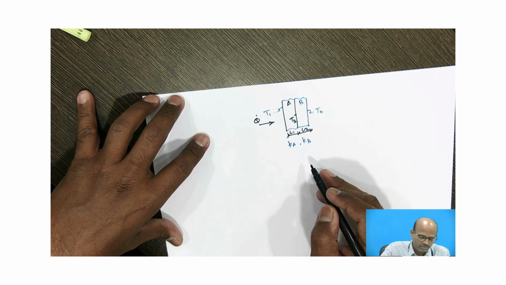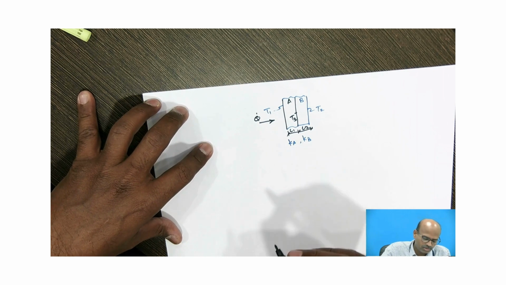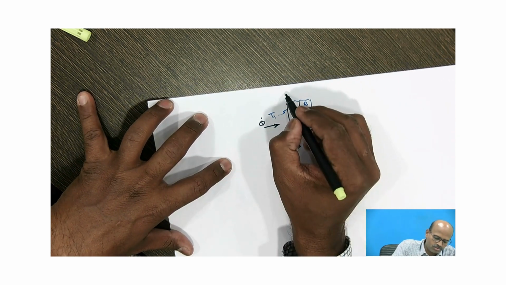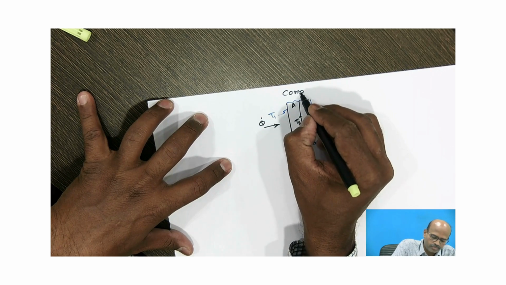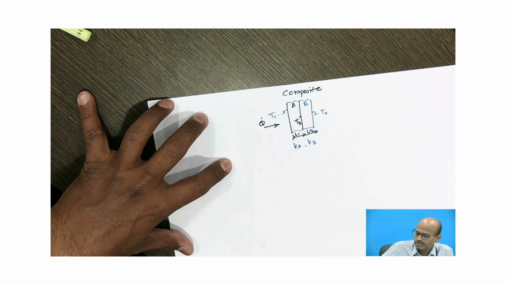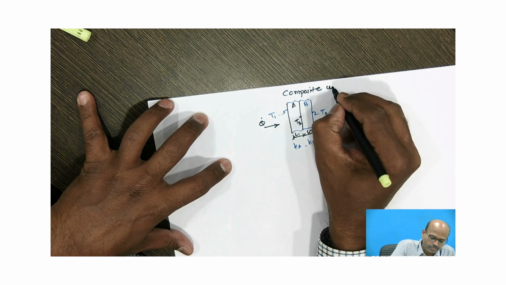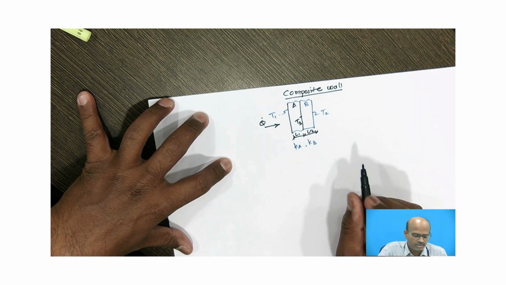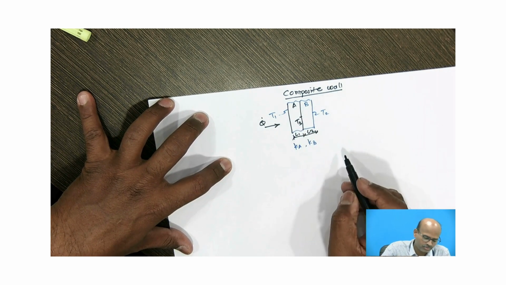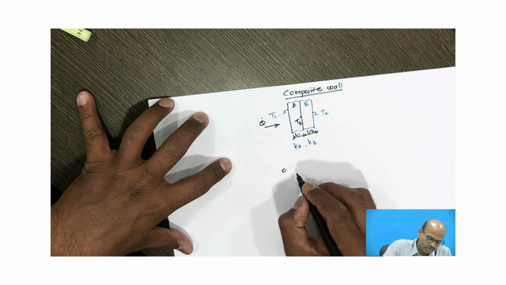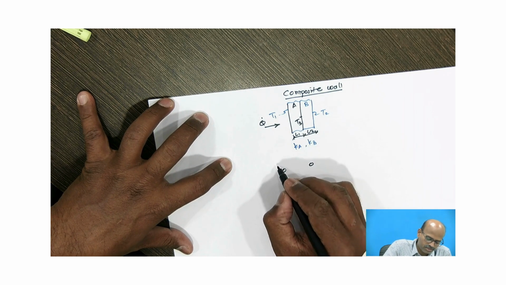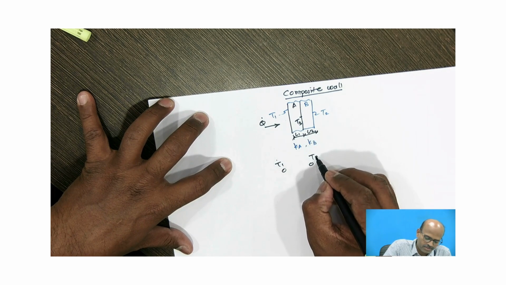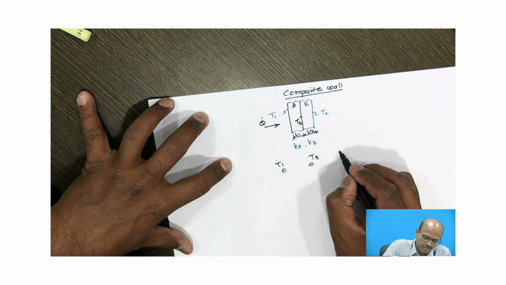Now see here, before writing the given data, we will draw the thermal network for this. This is known as a composite wall. In the first case a plain wall was given, now here two walls means composite wall, and the thermal network will be: first the inner surface temperature T1, then the interface temperature T3, and the outermost temperature T2.